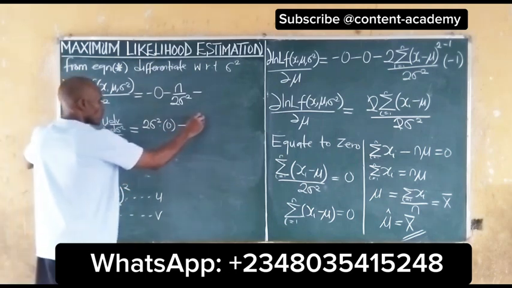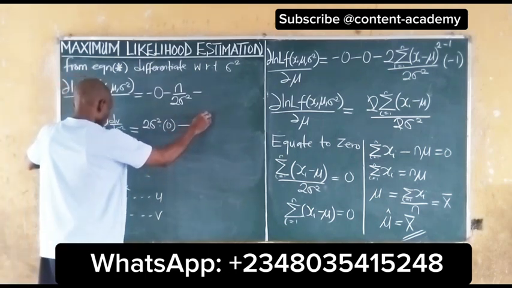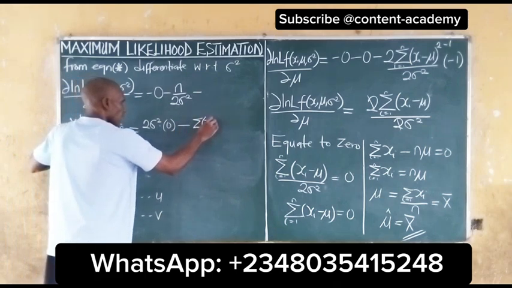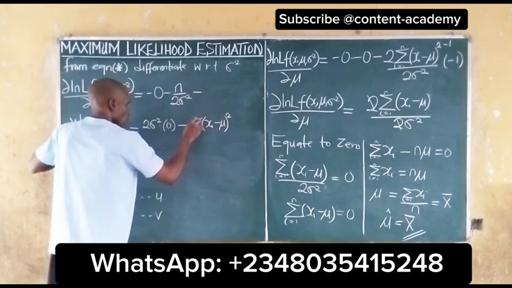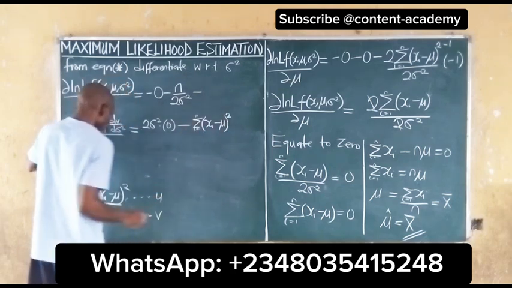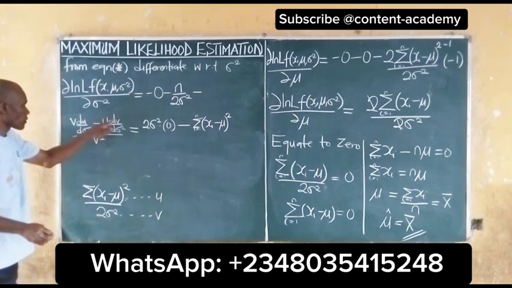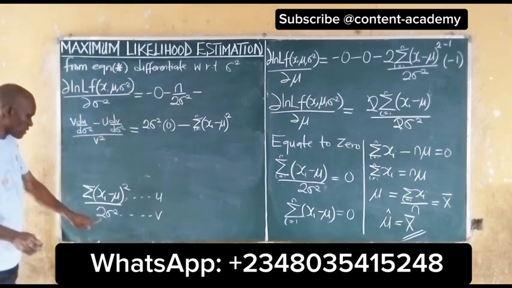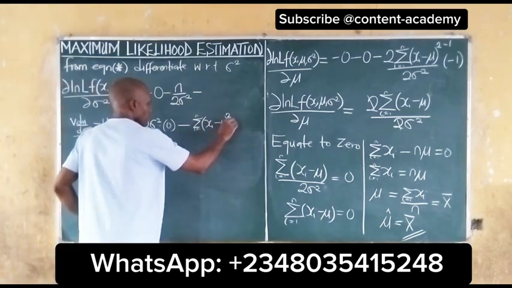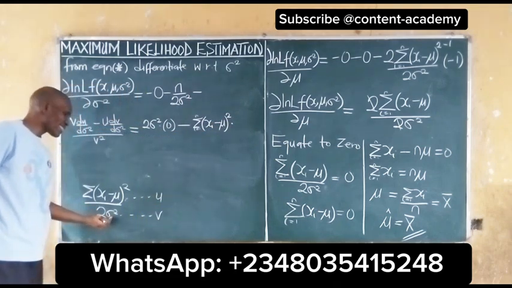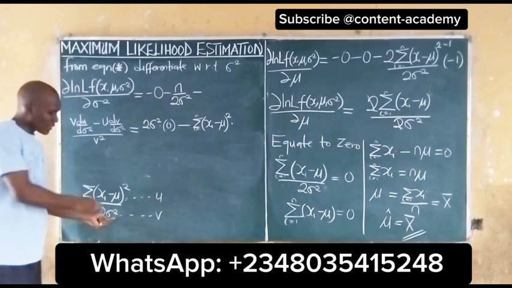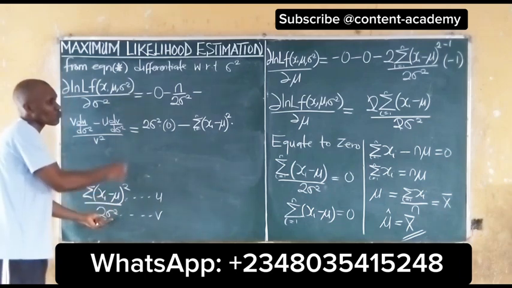We have u to be summation of (xi minus mu) raised to the power of 2. Now, the v all over the sigma squared, if we differentiate this with respect to sigma squared, the sigma squared will go off.